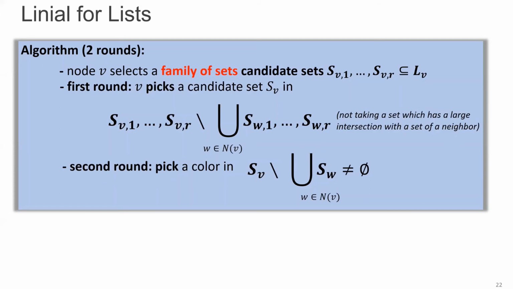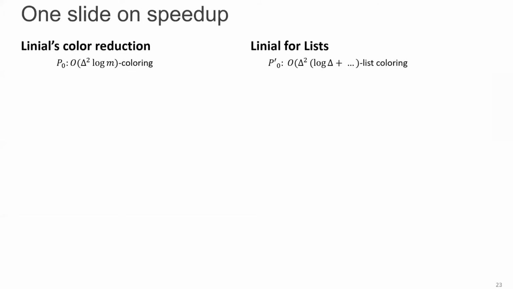The magic, of course, is in the first step. How do you select this family of sets? And how do you show that such a family of sets exists such that this whole process works? So let's look at these 2 problems here side by side. In both, we want to solve some problem which colors with roughly delta squared colors.